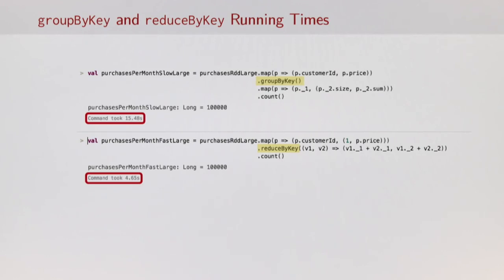And as we can see, the groupByKey variant, this is exactly what we saw on one of the previous slides, takes 15.48 seconds to complete. Well, the variant using reduceByKey, like I said, same as we had on one of the previous slides, takes only 4.65 seconds to complete. In this example, the reduceByKey version of this program is up to 3 times faster than the groupByKey version. Imagine if this was an hours-long computation. This would mean a lot of saved time on a big data set.